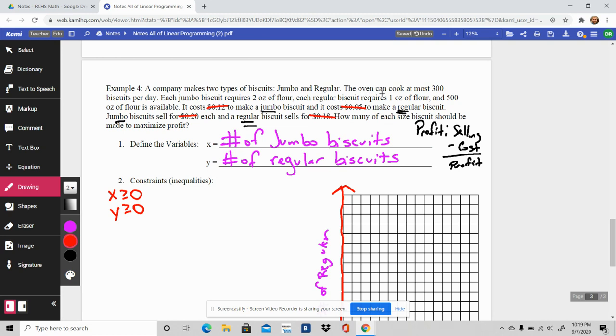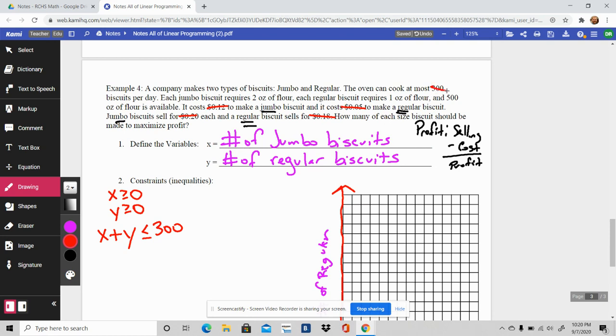All right, so this one says the oven can cook at most 300 biscuits per day. So in that oven, they're going to cook jumbo biscuits plus regular biscuits. And the oven can cook at most 300. So you could cook less than 300, or you could cook equal to 300 if it's at most. All right, so here's a constraint.